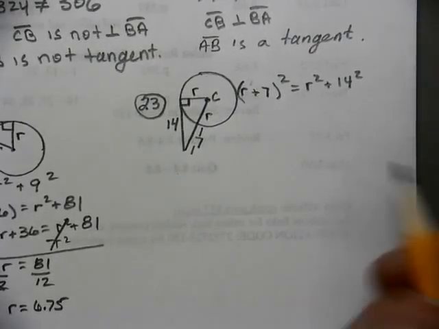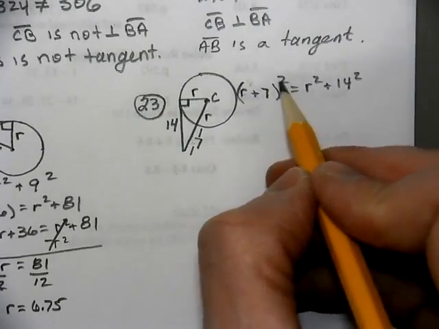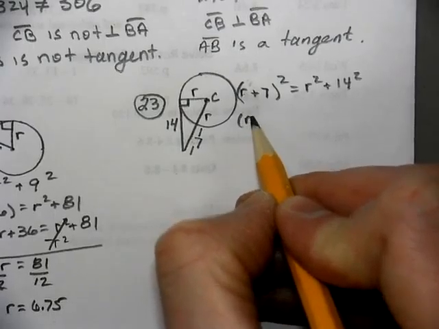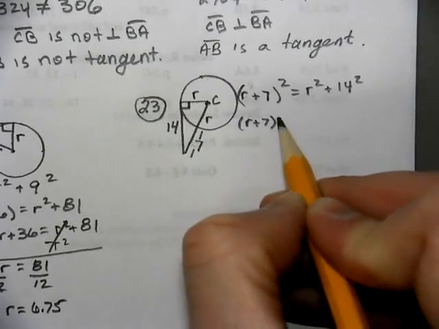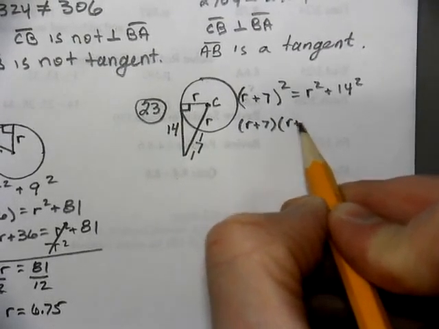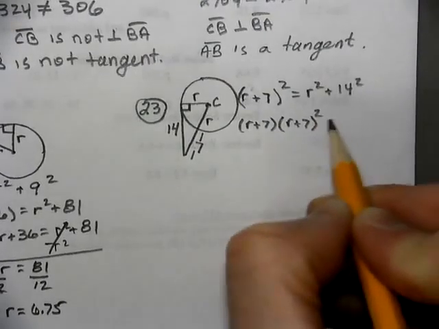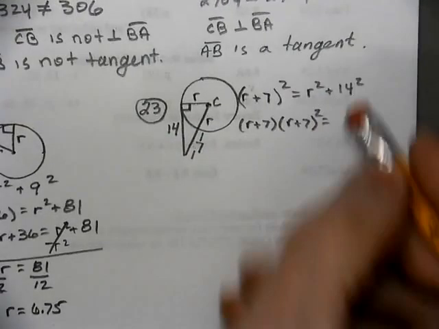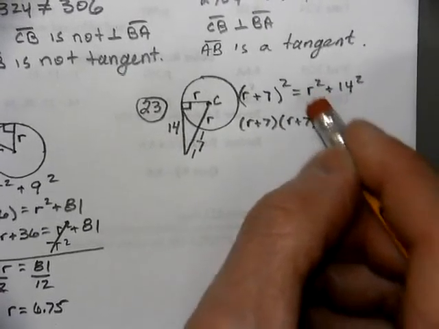So when we say r plus 7 squared, that means that we should write it twice. We don't need to write another square. We already had it squared.